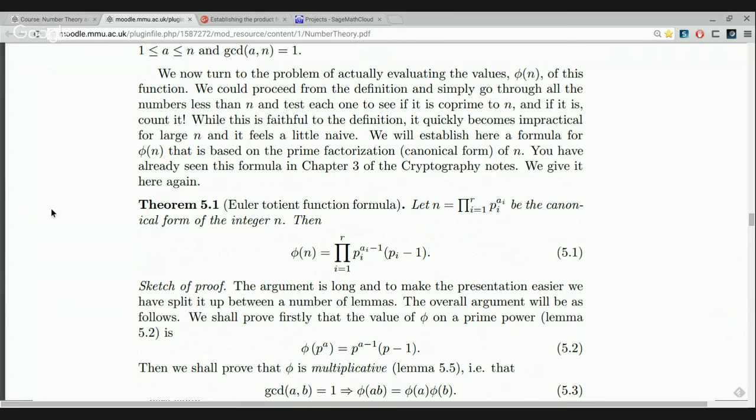I write it out here for phi, but it's a property that can apply to lots of other functions as well. A function is multiplicative when phi of a product a times b is equal to the product of the individual phi values.